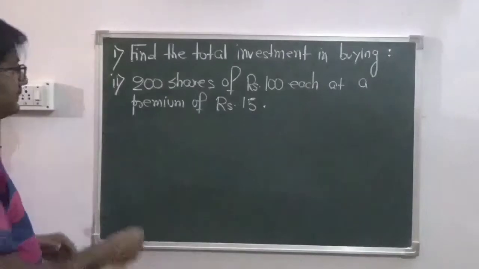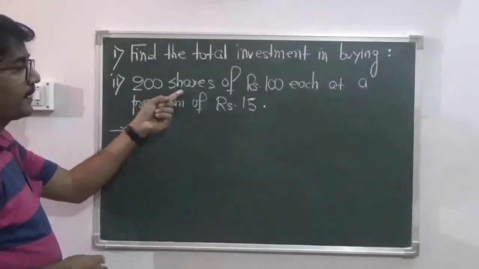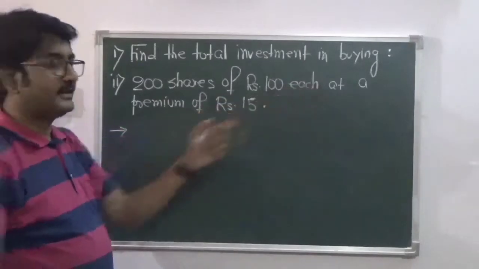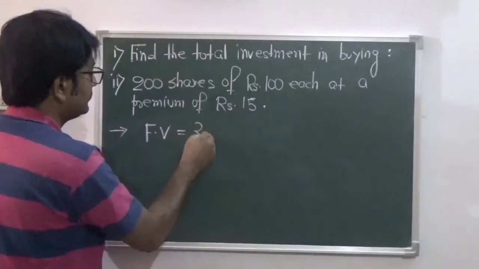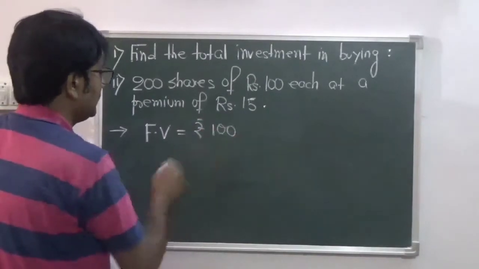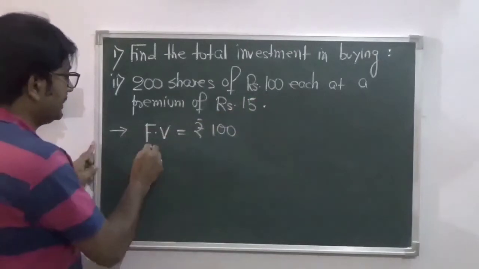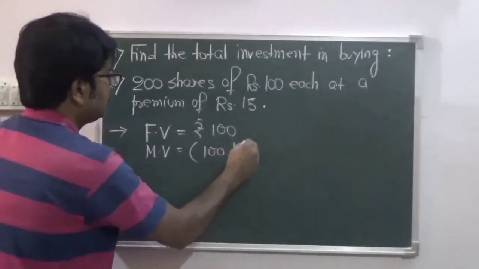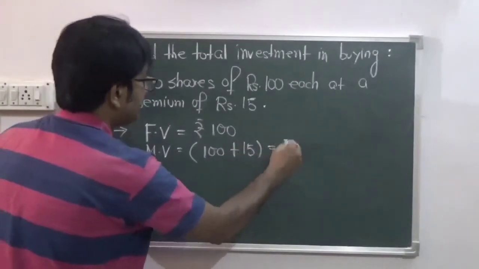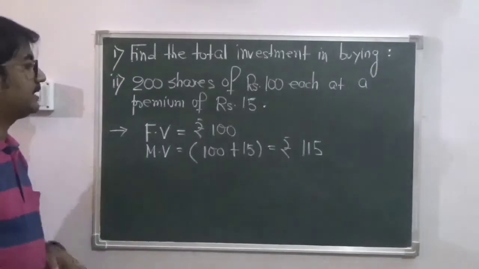So let us first note down the number of shares is 200, of rupees 100 each, that is the face value. The face value equals rupees 100 and it is available at a premium of rupees 15. So the market value is equal to 100 plus 15, that is rupees 115. So this is the market value.